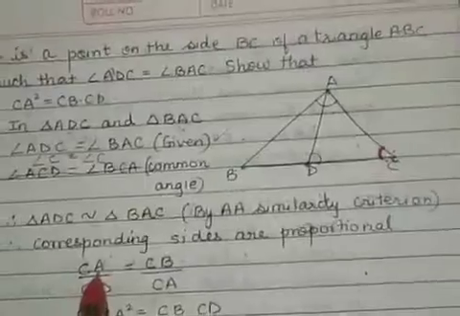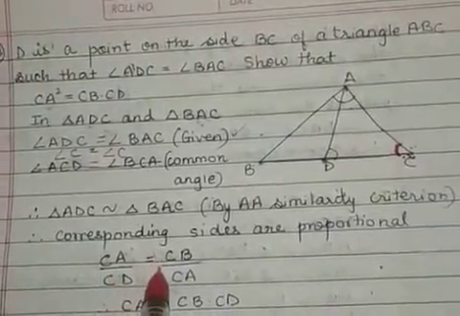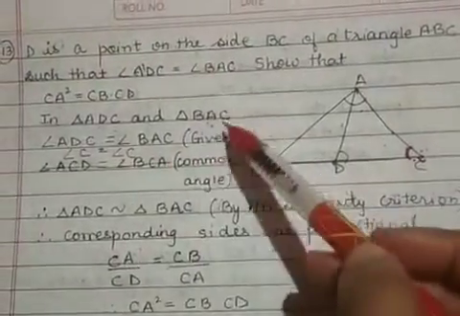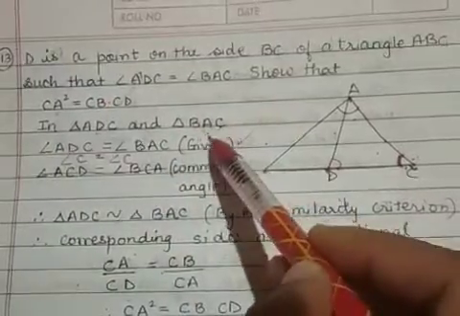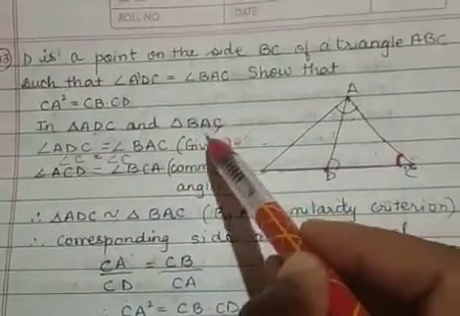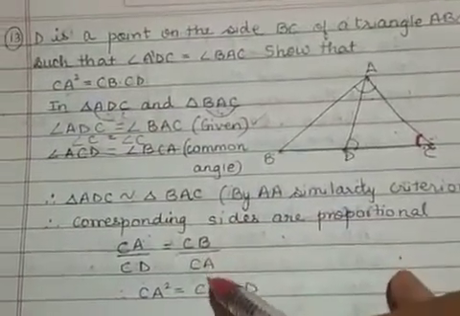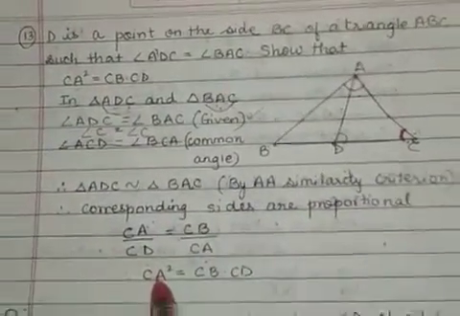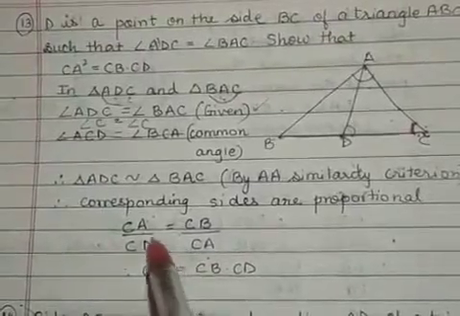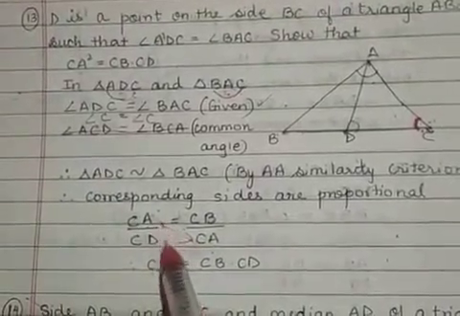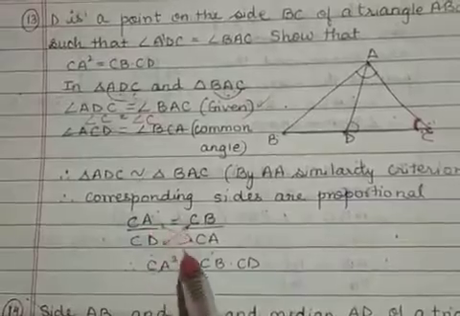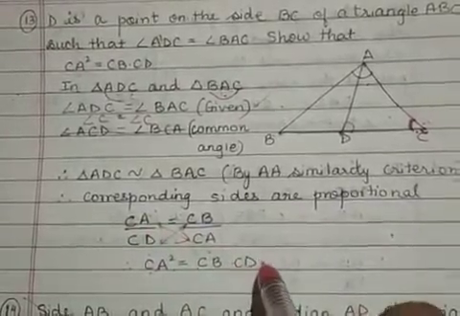So CA upon CD will be equal to, which will be the other side? We want CB. So let us take CB. So CB upon, if you take these two, it will be again CA, right? So it is CB upon CA. On simplifying, when I cross multiply, I get CA square is equal to CB multiplied by CD.